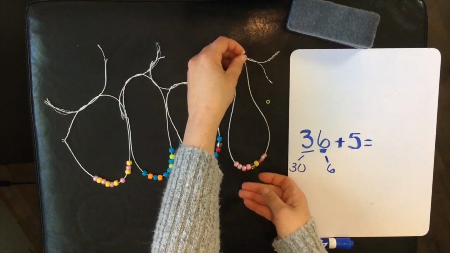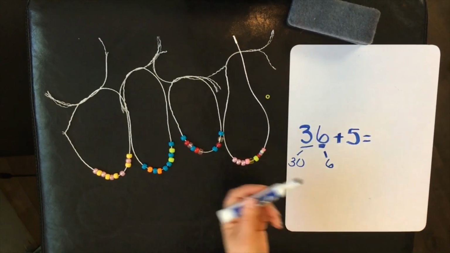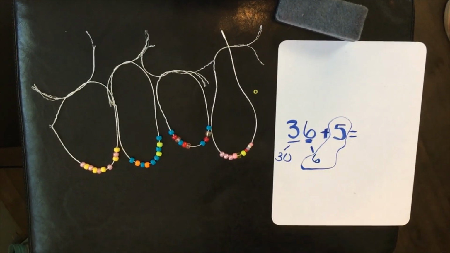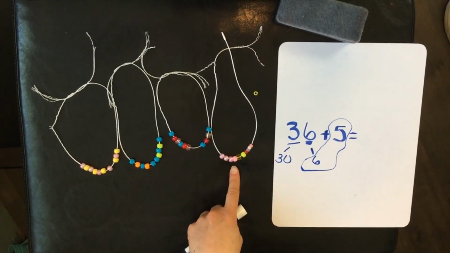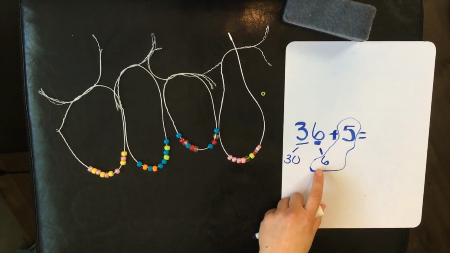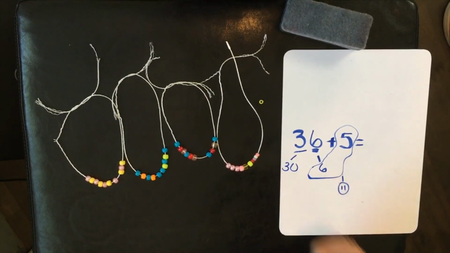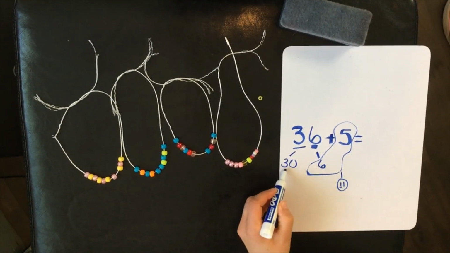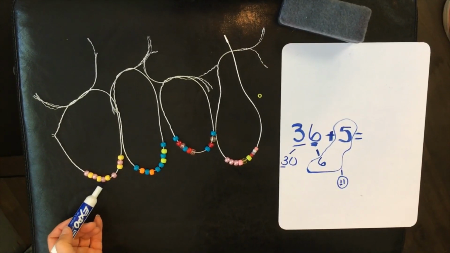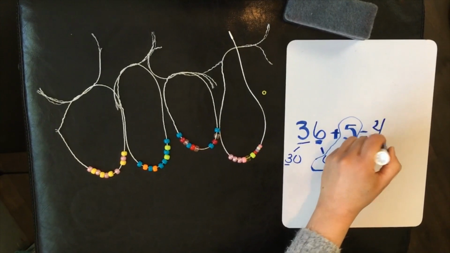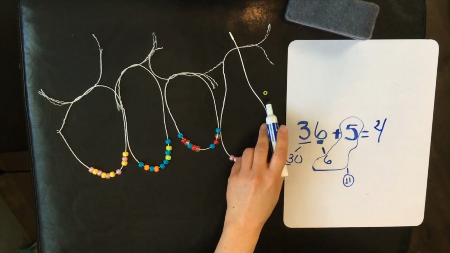So I found out that the 6 plus the 5 made a whole nother 10. So now I'm going to say that this made an 11. It made a whole nother 10. So I got to put this 10 with this 10. So when I count 3 10s plus 1 more, that makes 4 10s plus 1 left over.